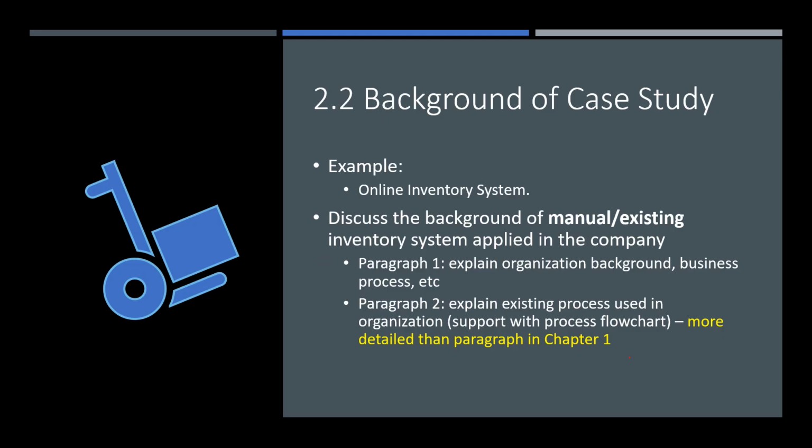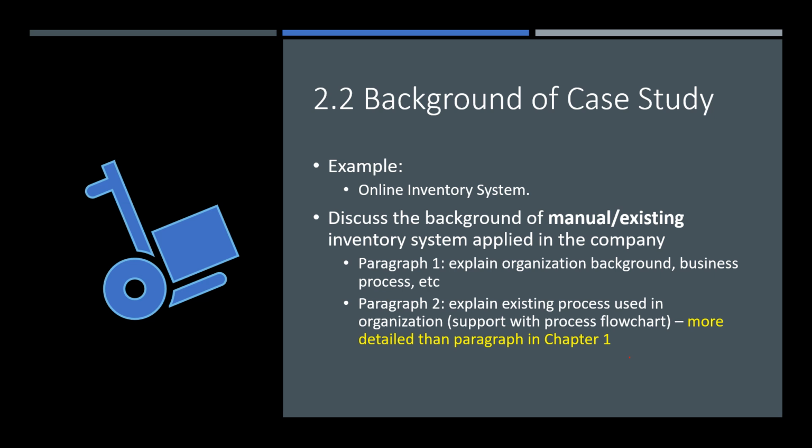Now we move to the next subsection, that is 2.2, background of a case study. So for example, an online inventory system. Okay, you may discuss the background of the manual or existing inventory system that is applied in your reference organization. The explanation will be similar to what you have written in chapter 1.